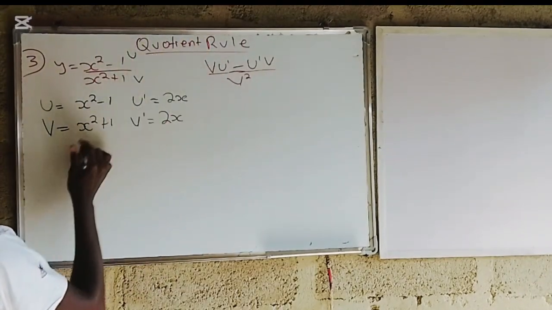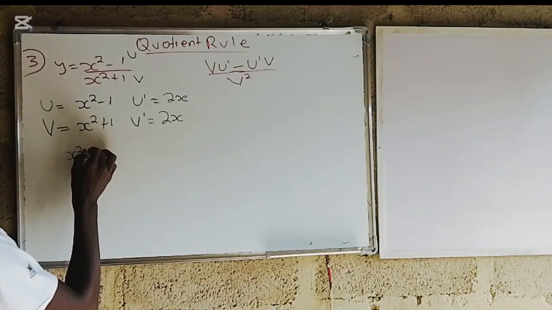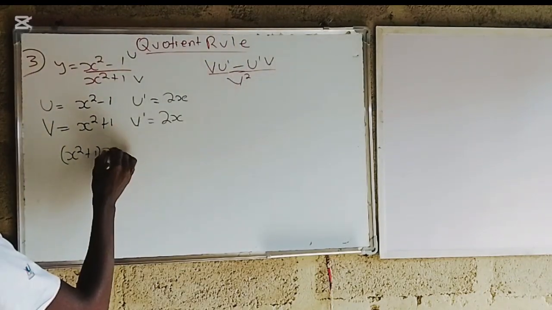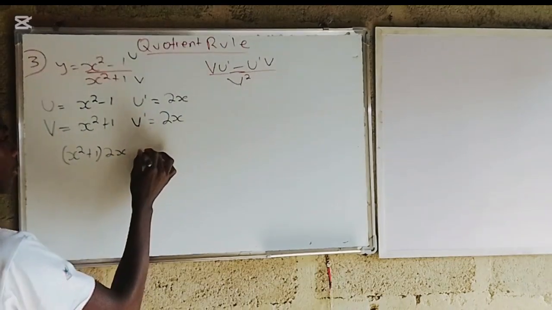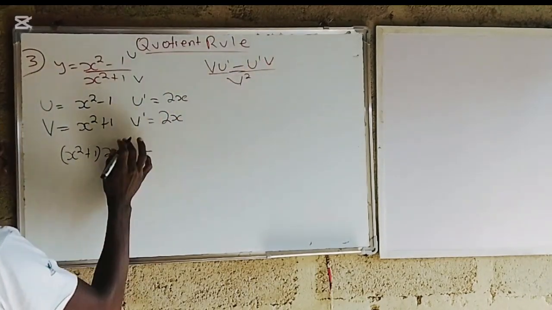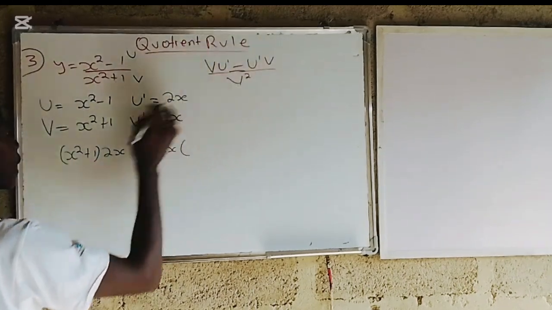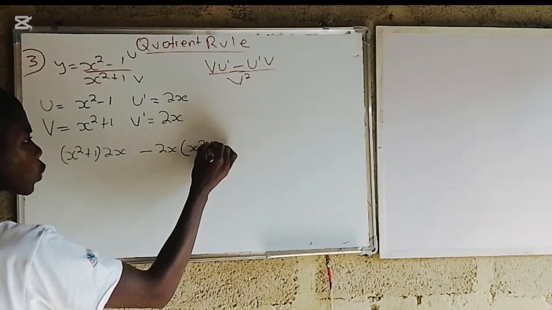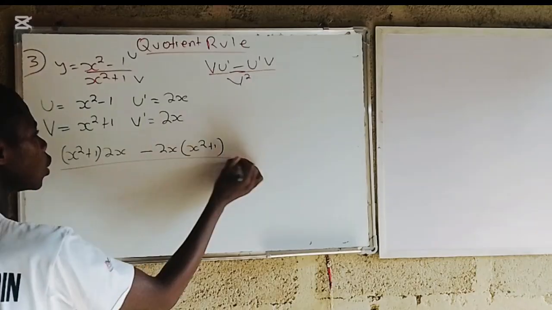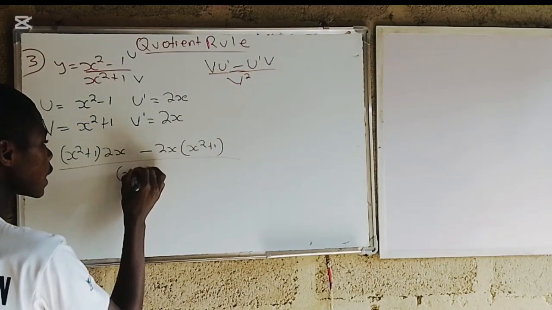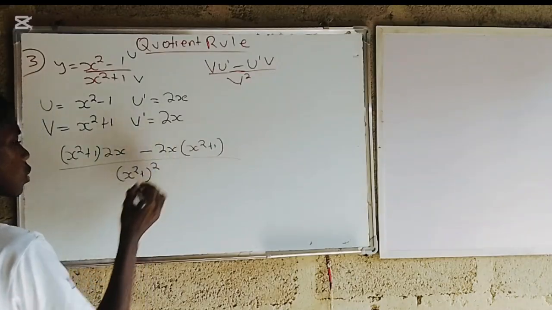The value of v, x squared plus 1, times u prime, which is 2x, minus the value of u prime, which is 2x, multiplied by the value of v, x squared plus 1, all over v squared. This is the value of v, so I have to say x squared plus 1 squared.